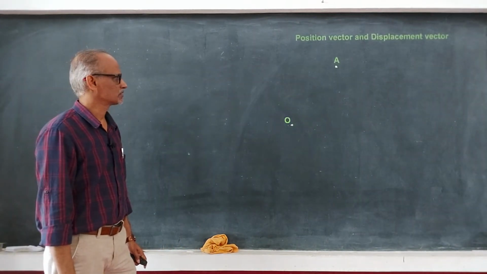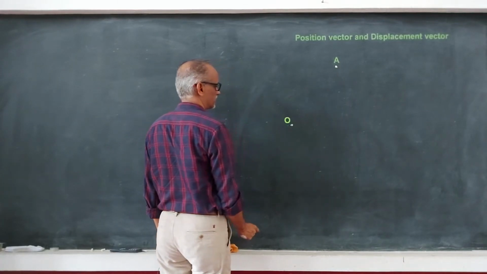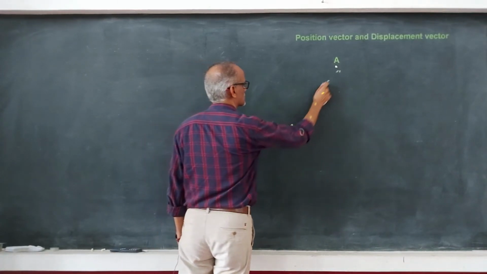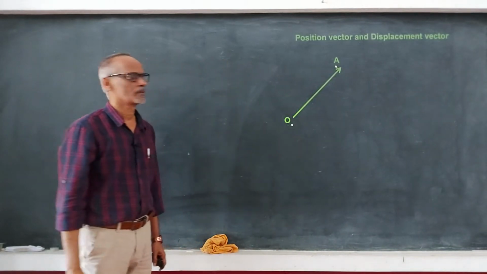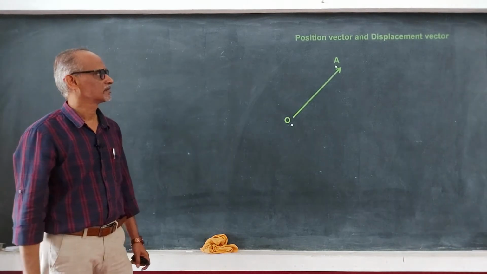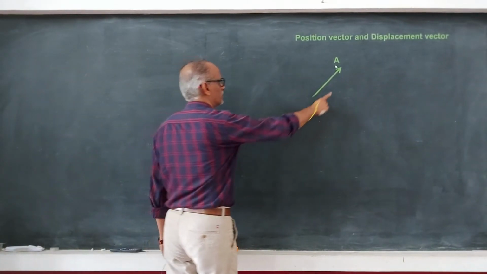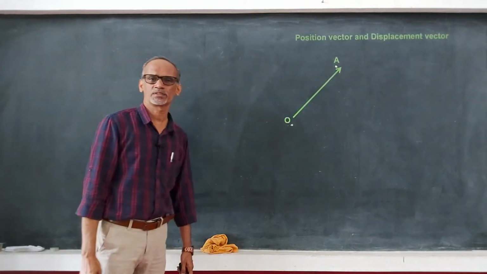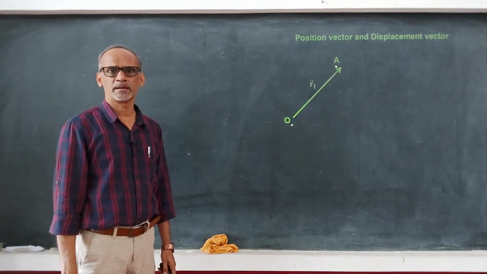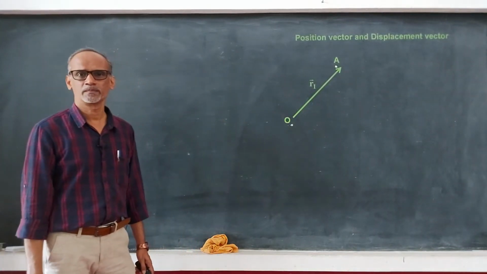From this origin, I'm going to draw a vector to the position of the particle, like this. Now that is called the position vector. The vector drawn from the origin to the position of a particle is called the position vector. We represent that by vector R1.